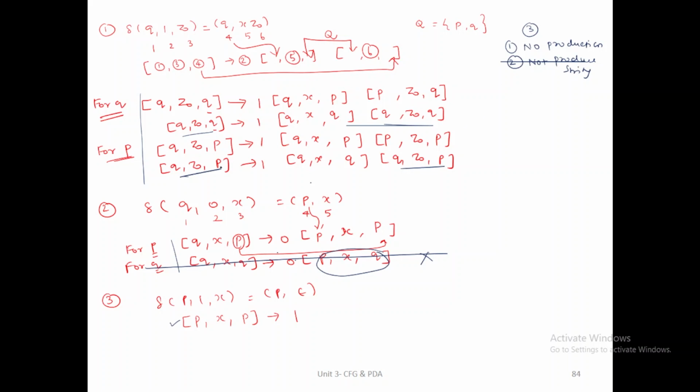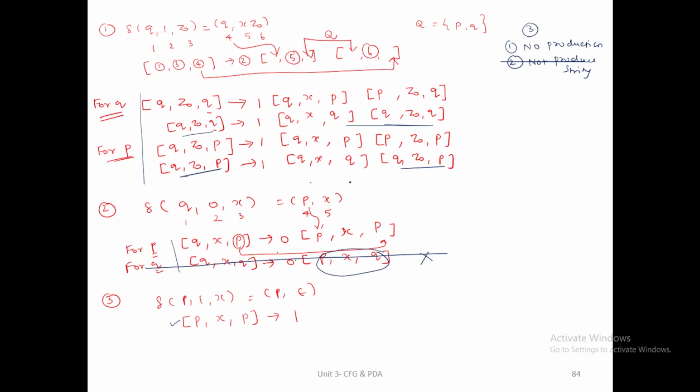That means this variable contains a production, but this production does not produce an input string because the same symbol is repeated here. If it is repeated, instead of this notation, we want to replace these symbols, because we already know the grammar derivation concept. In a derivation, instead of a non-terminal symbol, we should replace it with the right side of its production.